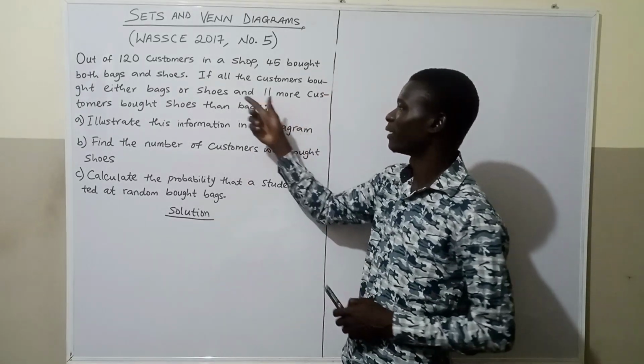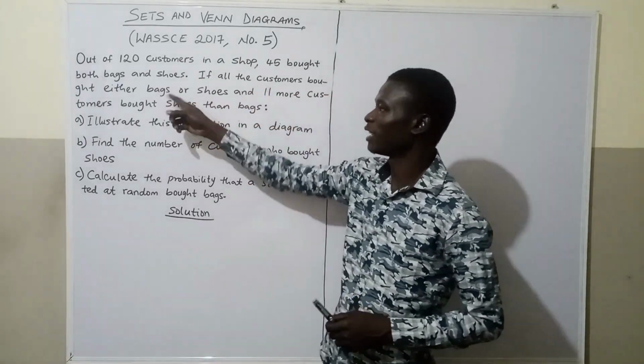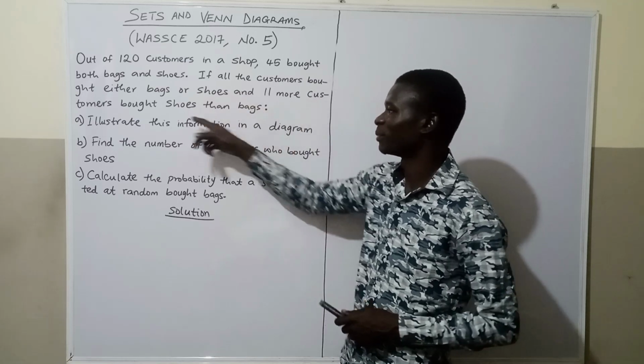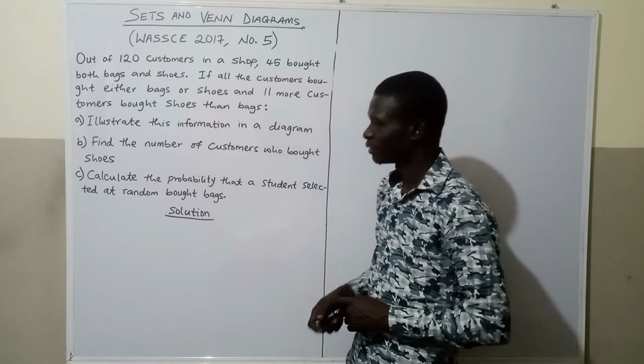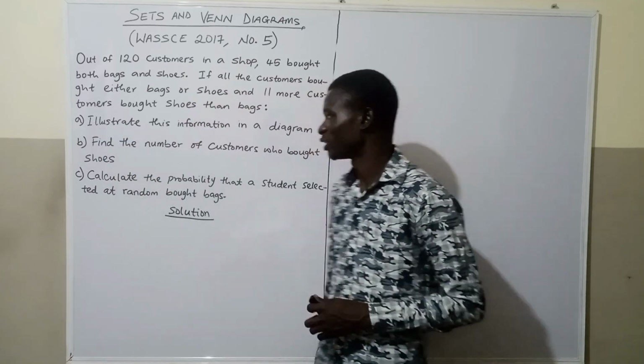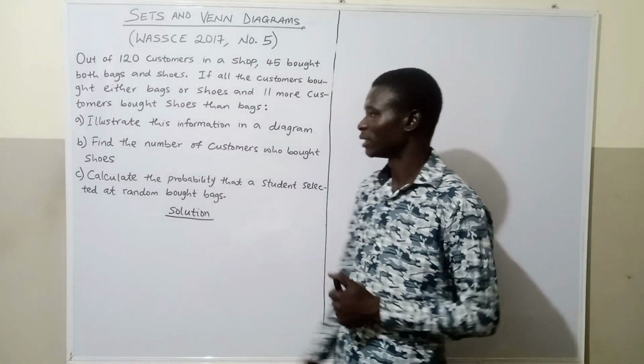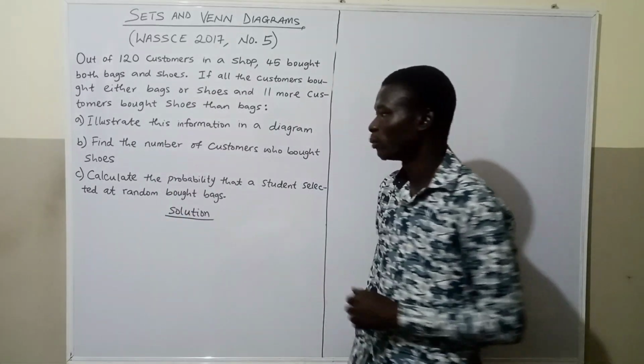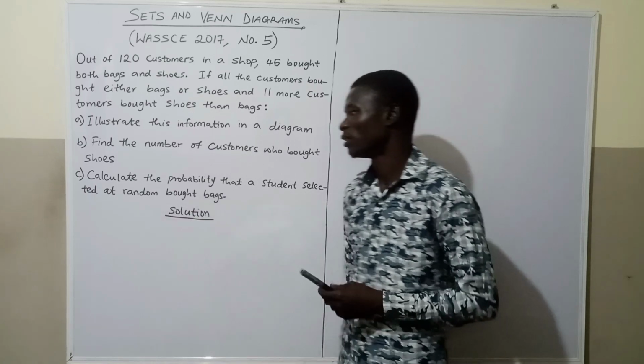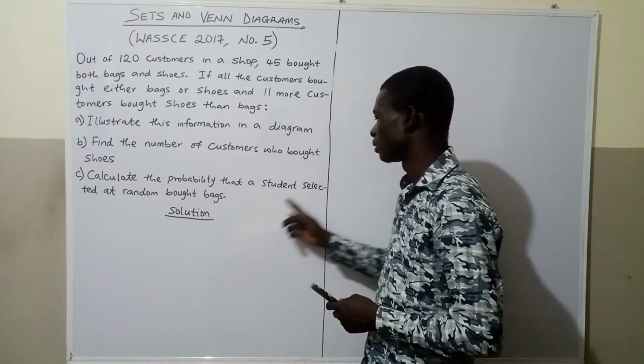So if all the customers bought either bags or shoes and 11 more customers bought shoes than bags, the first question says illustrate this information in a diagram, and of course that's a Venn diagram. The second one, find the number of customers who bought shoes, and thirdly, calculate the probability that a customer selected at random bought bags.